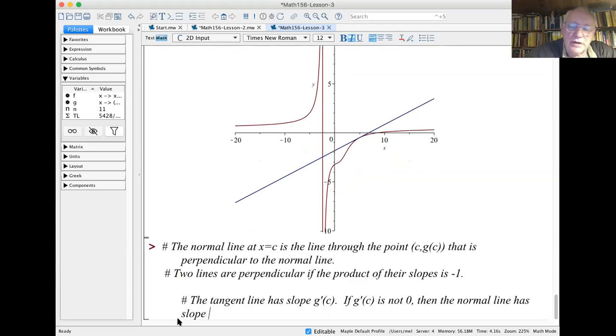Well, it has to be that the product of the slope of the normal line and the slope of the tangent line equals -1. So if g prime of c is not 0, then the normal line has slope -1 over g prime of c, the negative reciprocal.